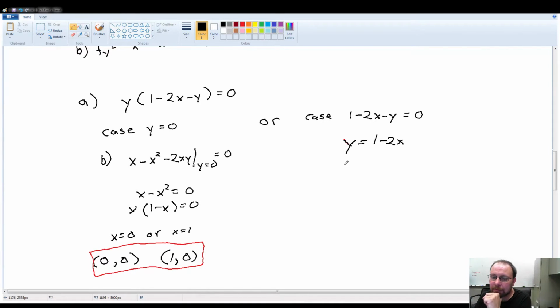And once I have y in terms of x, I can go to the second equation, namely equation B, with, of course, the restriction that y is now 1 minus 2x, so we get to replace y.